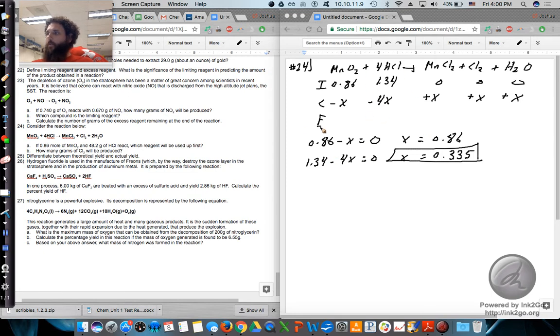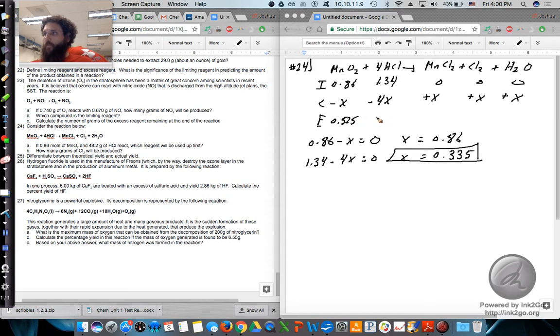So let's go ahead and go back and plug that in here so that we can get our values. It's pretty easy. And this one, 0.86 minus the x is going to be 0.525.